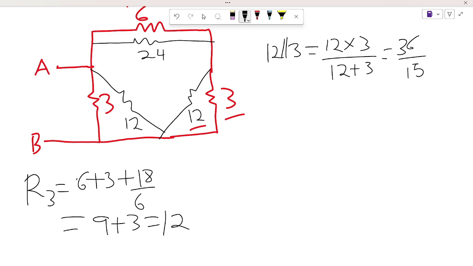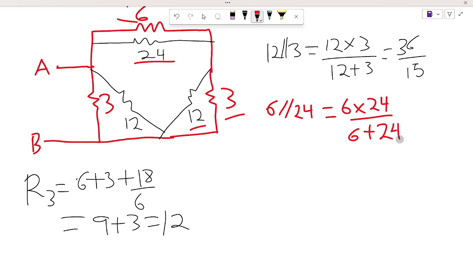And then next part, we also see that the 24 and 6 are in parallel. So looking at that one, we can get 6 in parallel with 24. We get 6 times 24 all over 6 plus 24.